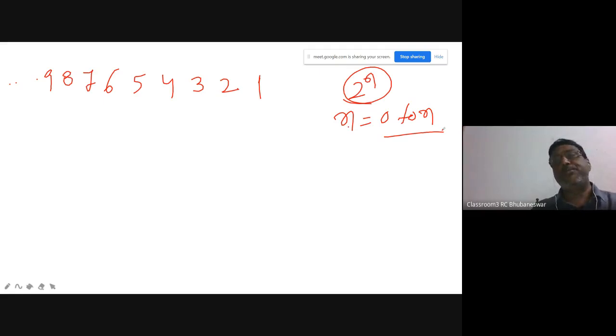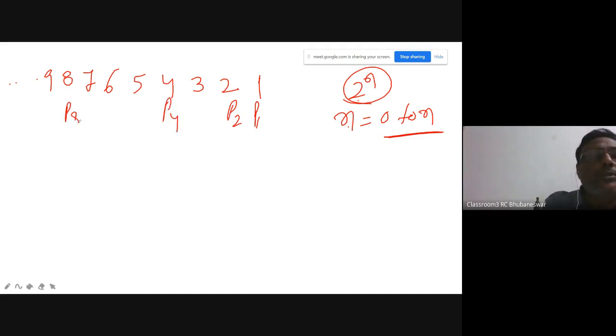So 2 to the power 0, 1, this is a parity position. 2 to the power 1, 2, parity position. 2 to the power 2, 4, parity position. 2 to the power 3, 8, parity position. Then 2 to the power 4, 16, parity position.